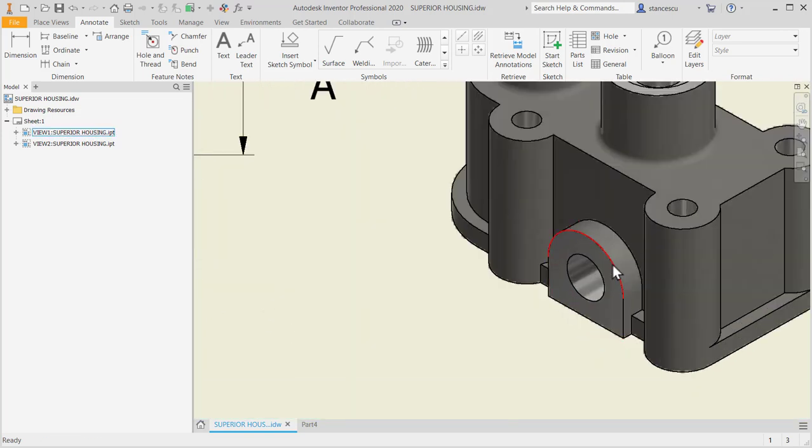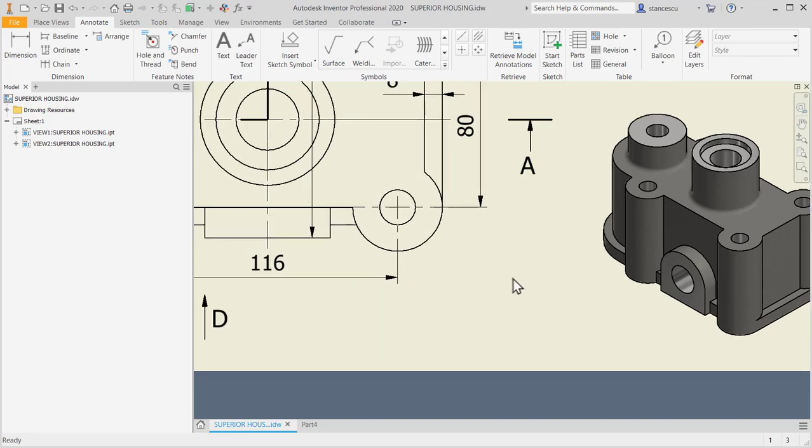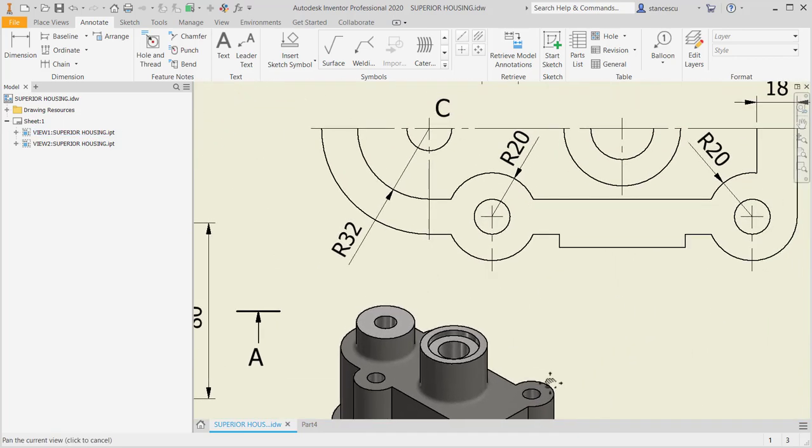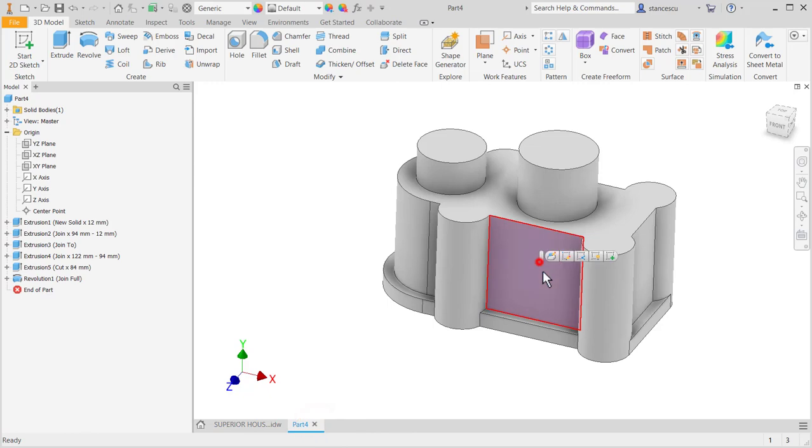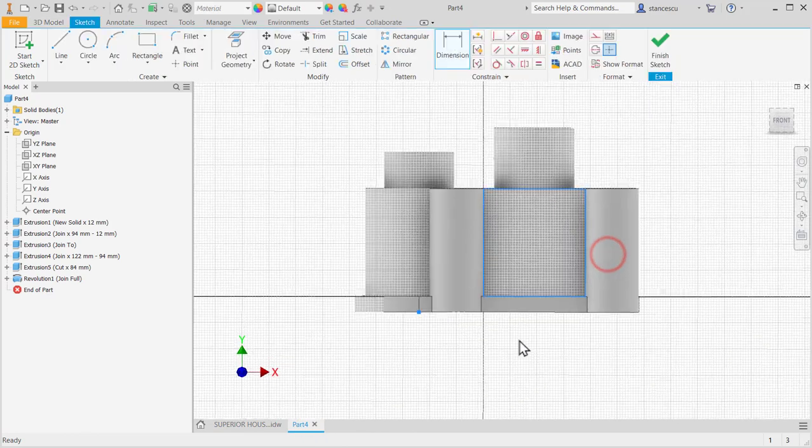As you can see, it is a contour starting from this face. Good. With dimensions, radius 28, height 26. Let's create from the bottom 26.